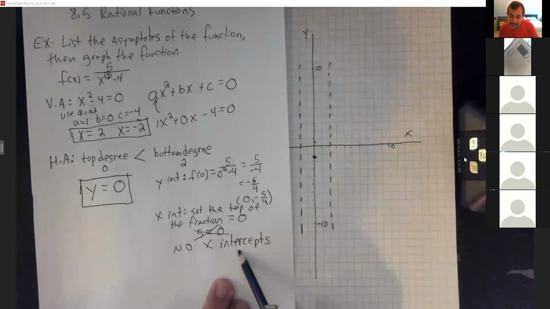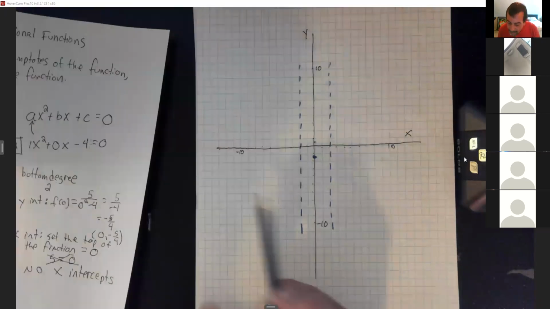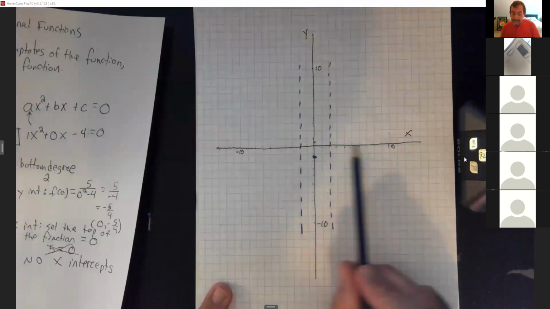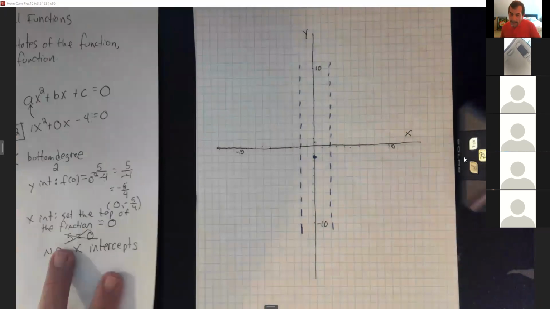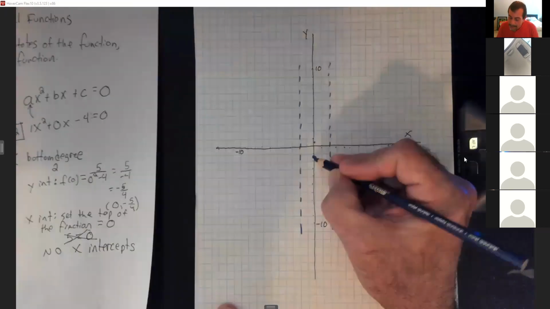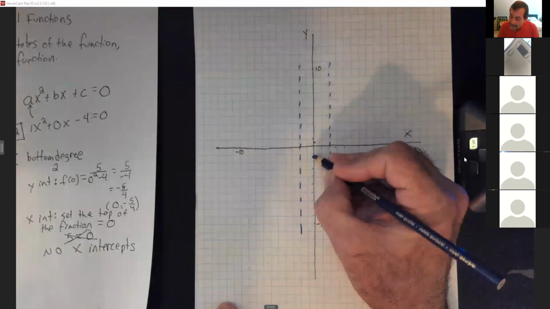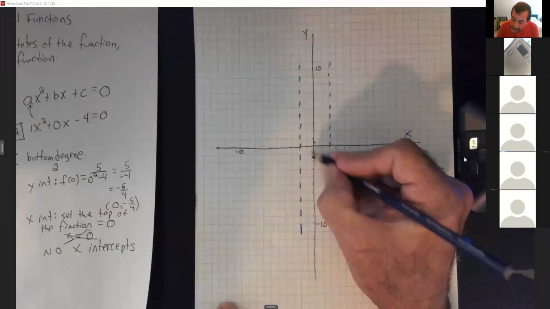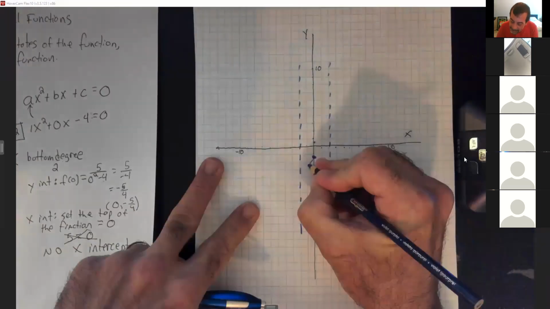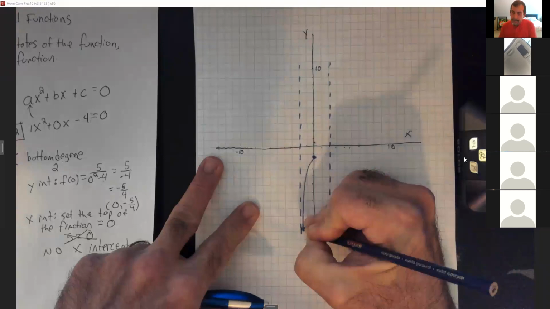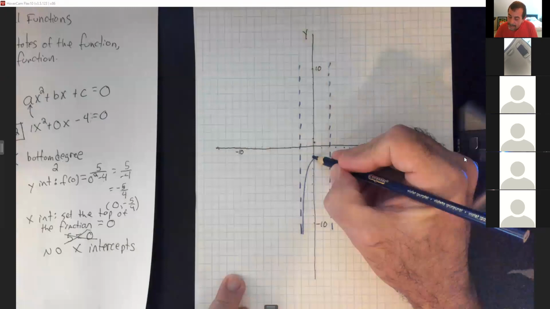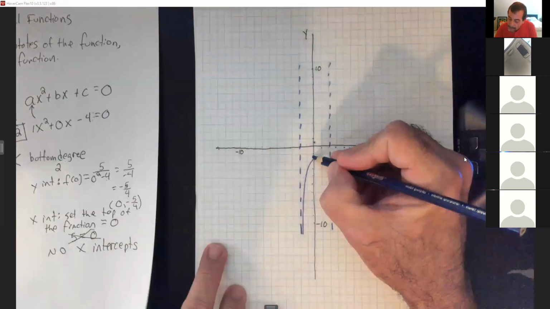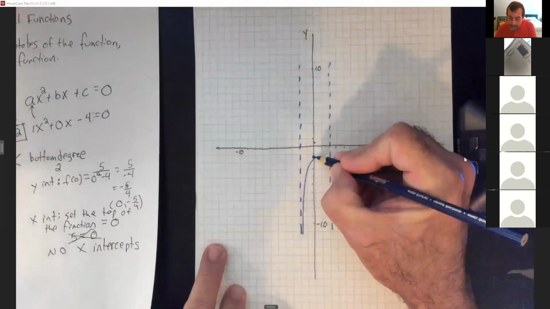That means our graph cannot touch the x-axis. All right, y'all, there's only one way for this to go. This side can't go up because it can't touch the x-axis. So that means this side has to come down. Starting at this point, it cannot cross the x-axis. So this one has no choice but to come down.